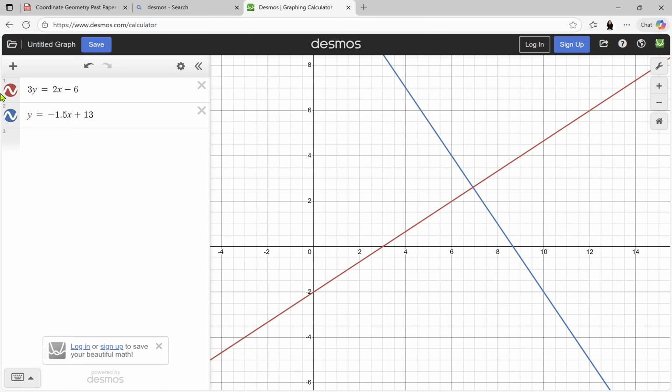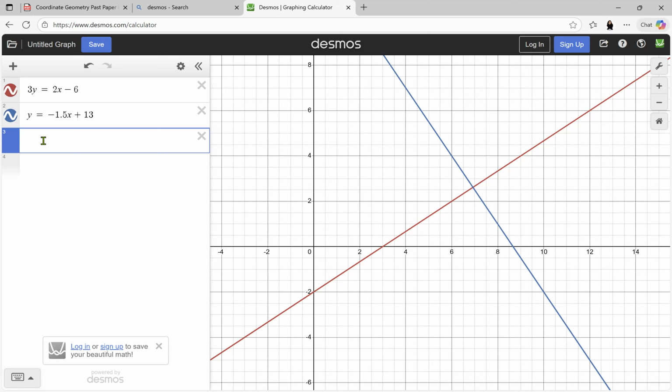Another thing is the equation of the line. Well, remember, we had to rewrite the 3y = 2x - 6 in the form y = mx + c. Let me show you that it doesn't matter if you write it in the graphing calculator. It wouldn't matter if you type in the equation in the form y = mx + c, or in the given form, you would still get the correct equation.